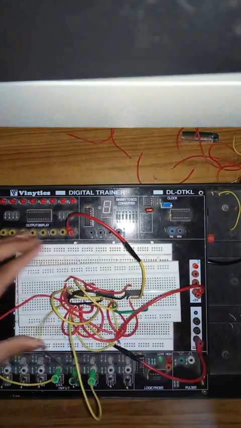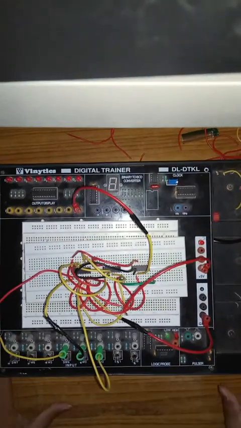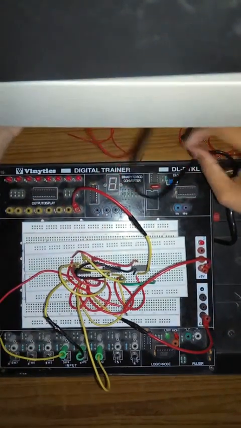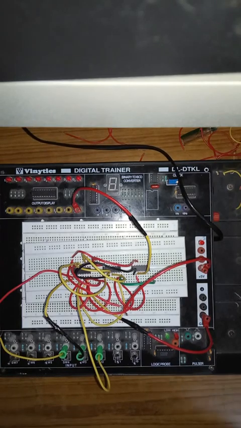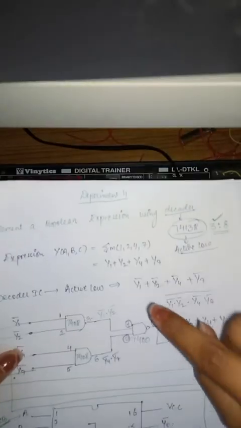Right, so this is the circuit. Now we'll be checking the output. So plug in the supply. What we have to see at the output is, in the expression we have the terms 1, 2, 4 and 7.